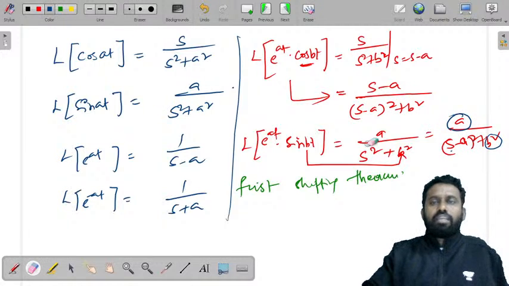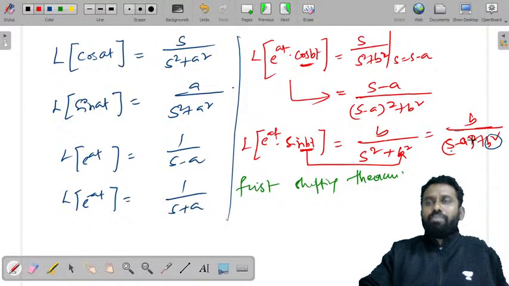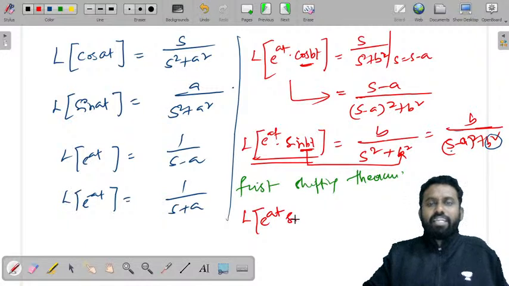Because I have b here, this value must also be b. For me to apply the Laplace of e power at into sin bt, it is b by (s minus a) whole square plus b square. Whatever you have here, you should have here.